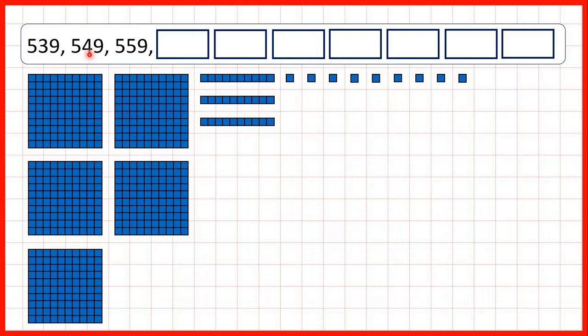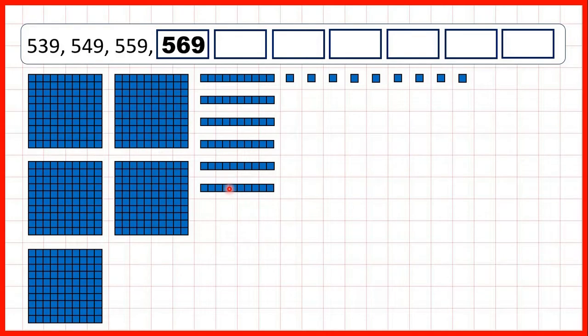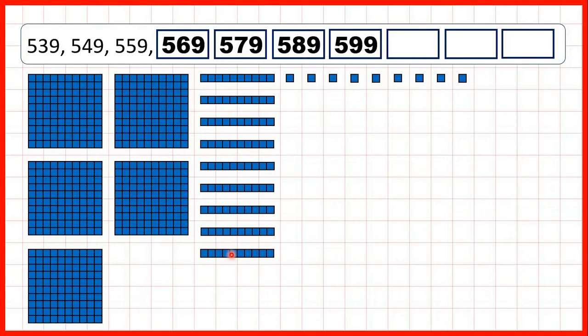We're counting in tens, so if we add a tens block each time, we have 549, 559, 569, 579, 589, 599, so that's 500s, 9 tens and 9 ones.